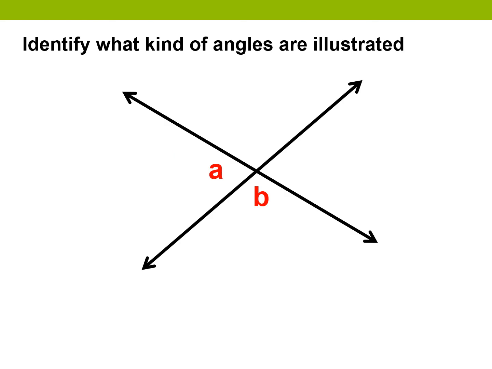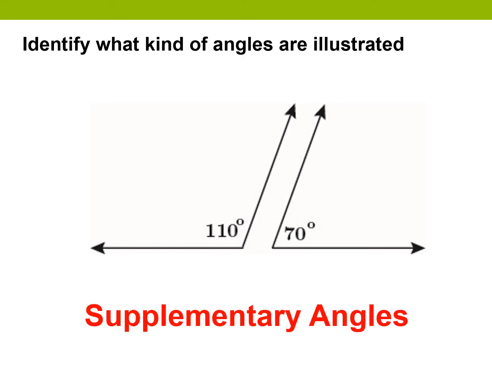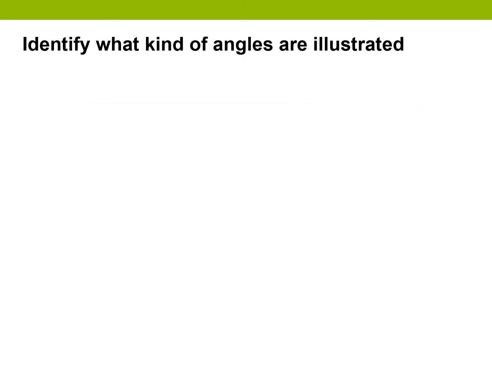How about this? Angle A and angle B, they form what? Okay, they are a linear pair because they form a line. Next, how about this one? We consider the measures of the angles, so they are supplementary angles.